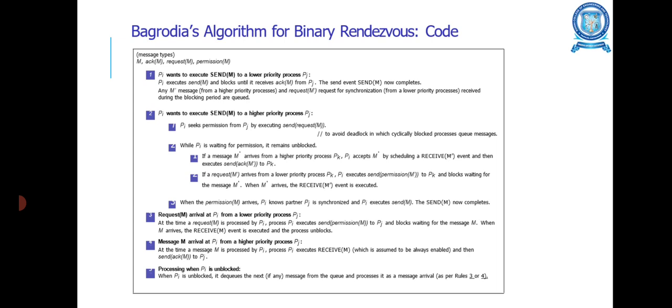When M arrives, the receive message event is executed. When the permission arrives, Pi knows the partner Pj is synchronous and Pj executes the send of M.